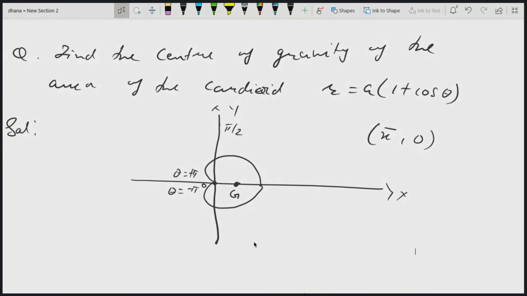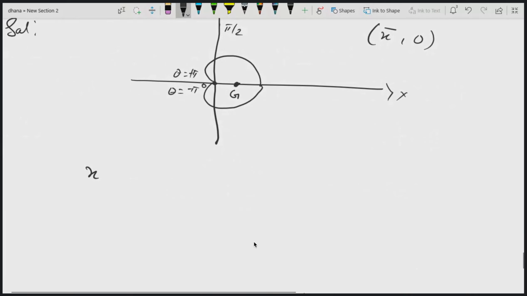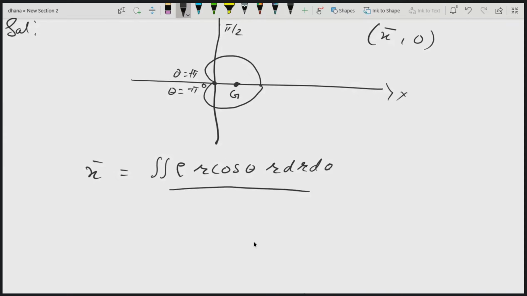So x bar will be given by the double integral of rho r cos theta, that is for the x value, r dr d theta, divided by the double integral of rho r dr d theta. I'm using polar coordinates here. Now the limits of theta and r I need to write.